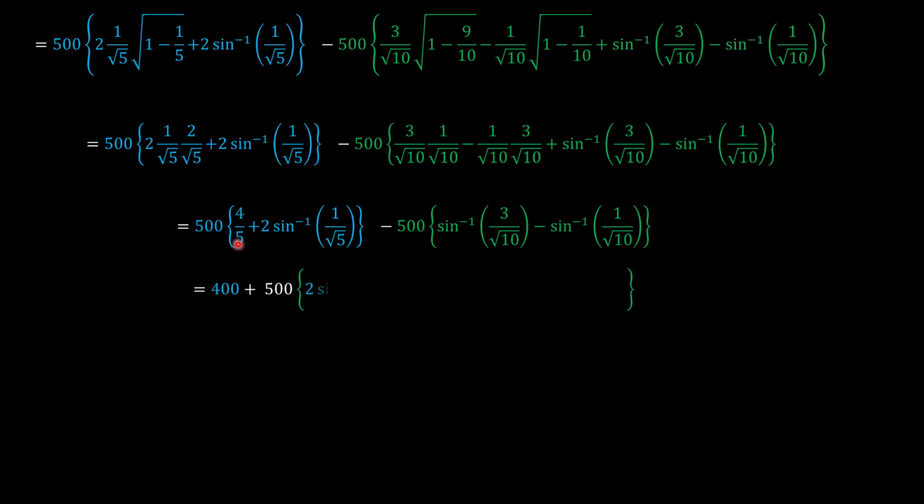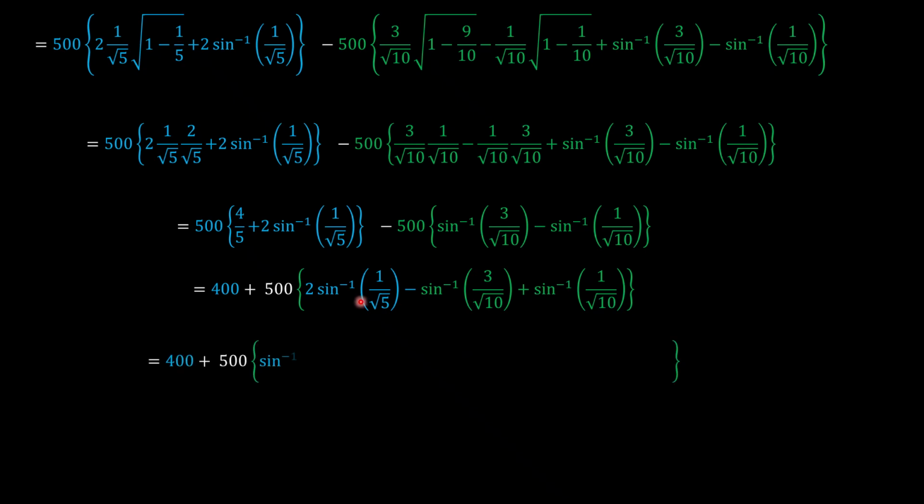Okay, so we can now multiply this by this. We have 400 times 500. We have twice arc sine of 1 over root 5 minus arc sine 3 over root 10 plus arc sine of 1 over root 10. So we're going to see how this can be evaluated.